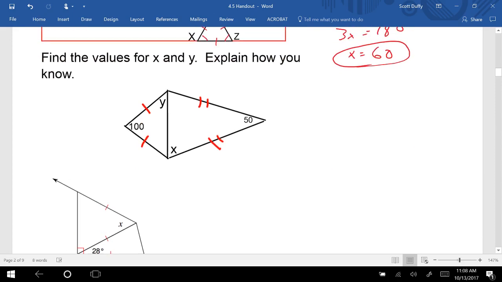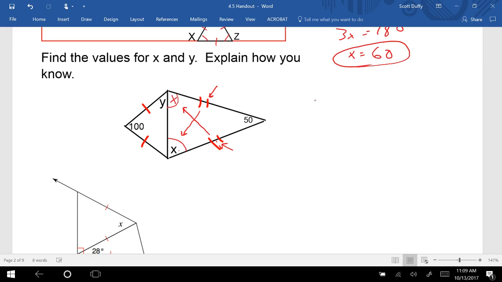What we know is that if these two sides right here and right here are the same length, but this one isn't, we know that that angle is going to be congruent to that angle. So if this is x, then this is also x. And looking at the right triangle, don't even look at the left triangle at all.